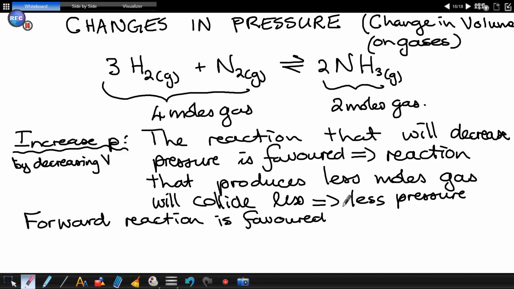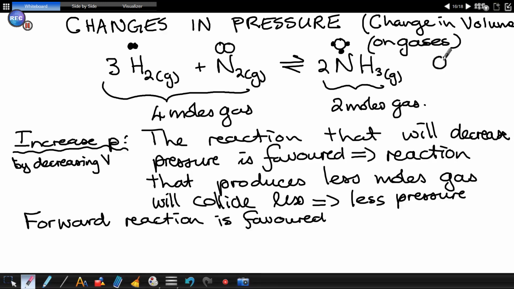So with hydrogen and nitrogen, because hydrogen and nitrogen are diatomic, nitrogen has 2 atoms of nitrogen in it, and hydrogen also has 2. For an ammonia molecule, there must be 3 hydrogens joined to a nitrogen.